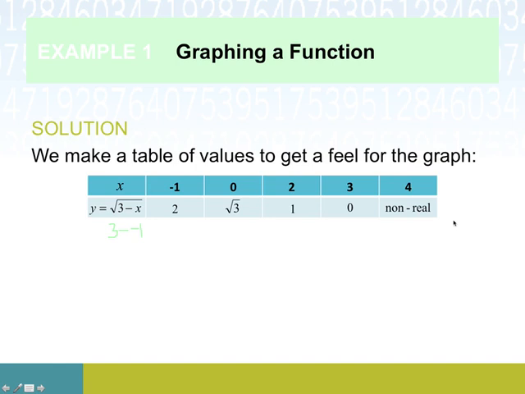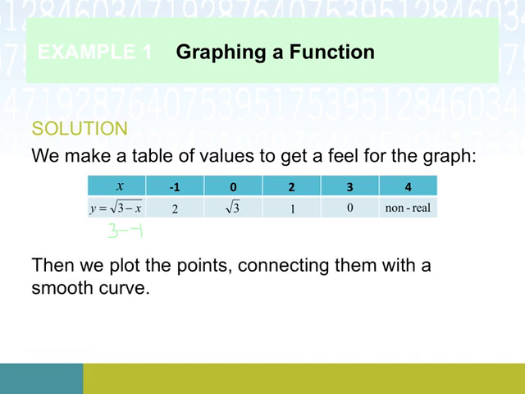You could say undefined, but by a technicality, that's not really true. We do have ways of talking about these things in terms of imaginary numbers, but we're interested in the real numbers here. So we could predict that the largest x value at which we're actually going to have any graph of this function is at x equals 3. Because as soon as we pass 3, we're going to get numbers that will create non-real outputs.